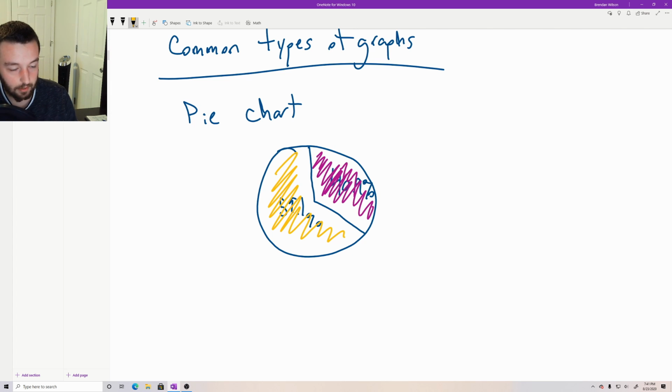So you can see the yellow part should take up visually about 59.1% of the circle, and the purple magenta part should take up about 40.9% of the circle. Obviously, we can't get this exact, but we want it to be roughly about that. So that's how we use the pie chart.